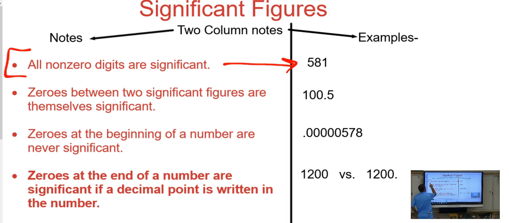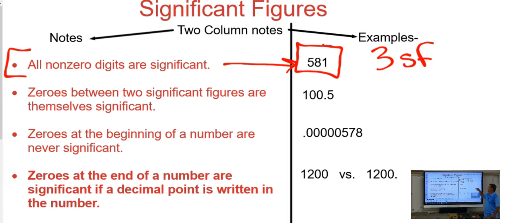Rule number 1. All non-zero digits are significant. So if the number is not a 0, then it counts. So in the number 581, how many sig figs are there? There are 3 significant figures. That's the first skill we have to have, just determining the number of significant figures.